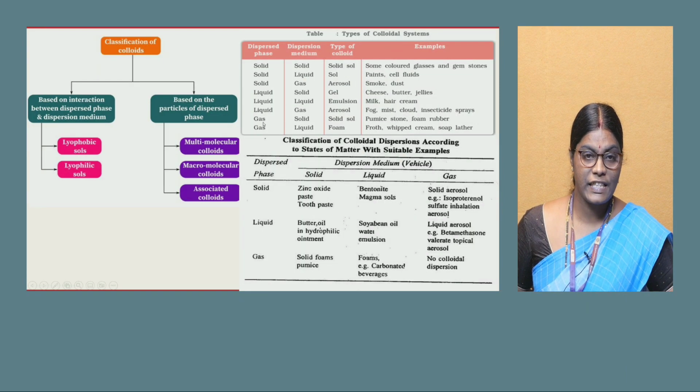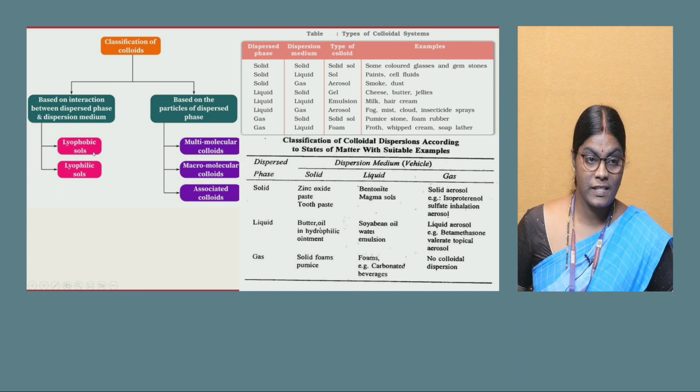This is the detailed classification of colloids. Based upon the interaction between dispersed phase and dispersion medium, the colloids are classified into lyophobic sols and lyophilic sols. Sometimes we mention the colloidal systems as sols. Another name for a colloidal system is sol, so don't confuse about it.